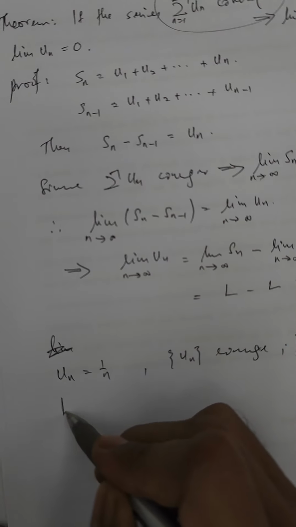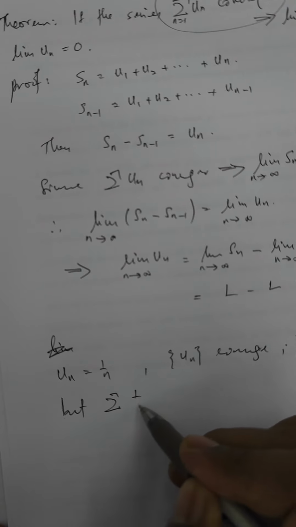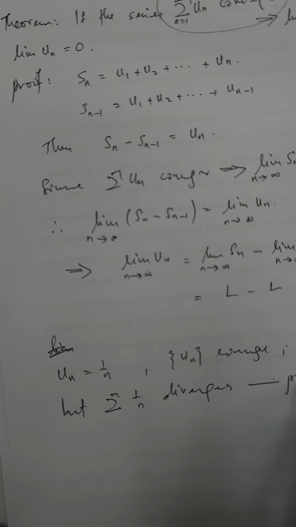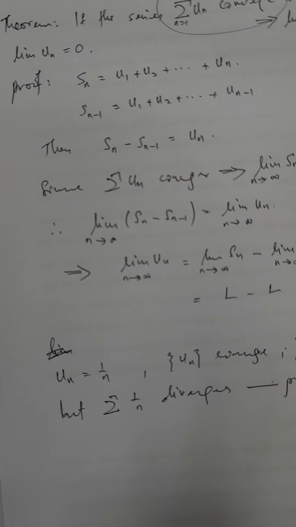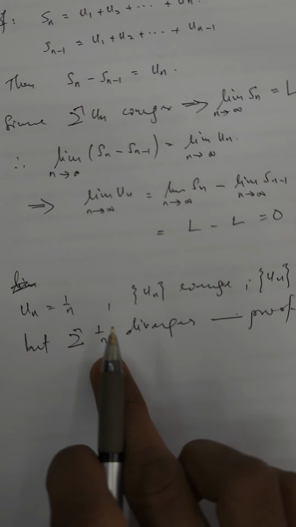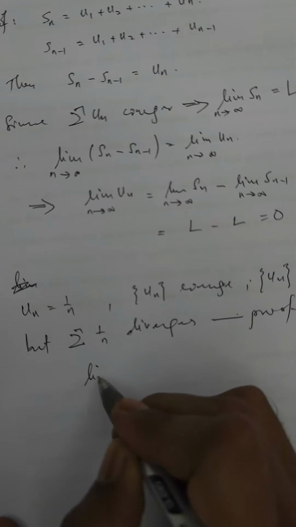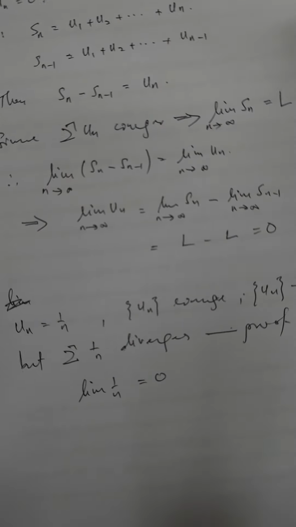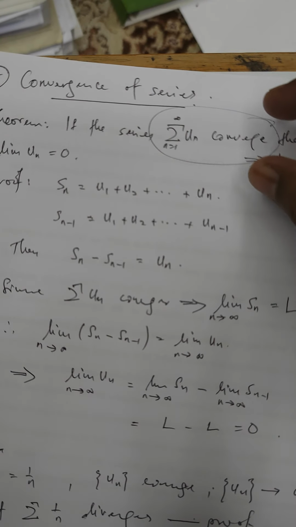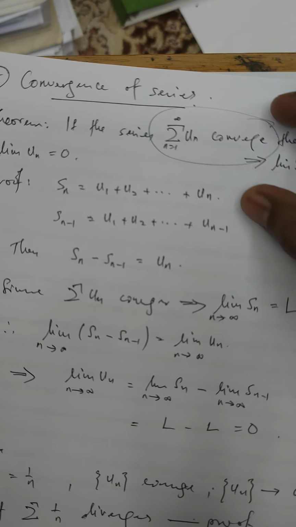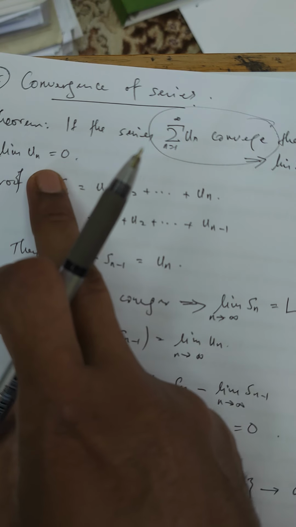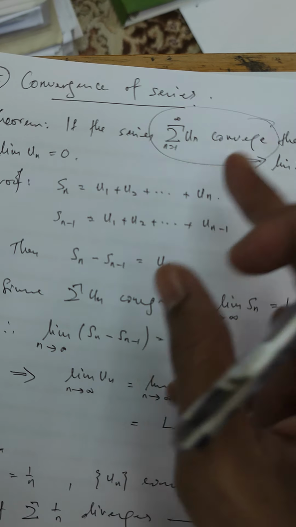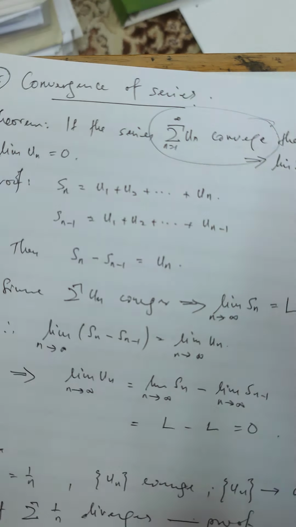But the series of 1 over n diverges. We're going to prove this. The limit of 1 over n goes to 0, but the series diverges, so it doesn't contradict the theorem. It says that if the limit of un is 0, then the series does not necessarily converge. But if the series converges, then definitely the limit is 0.